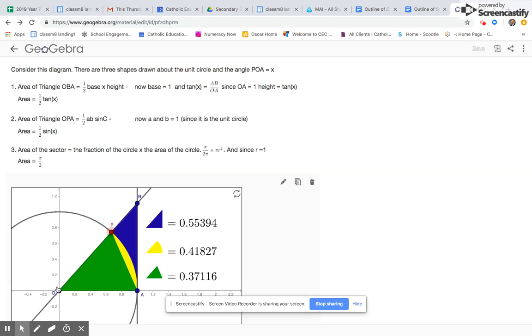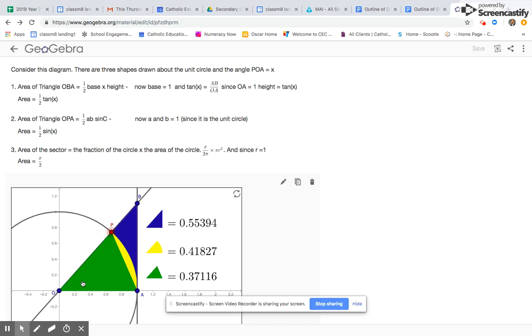And our last one is the area of the sector, which is the area of the whole circle, pi r squared, which is nice because r is 1 again. So it's just pi. Now, what fraction of the circle are we interested in? We're not interested in the whole circle. How would we work it out? If we were working in degrees, it would be theta over 360. But if we're working in radians, we could use theta out of 2 pi because that's the whole lot.